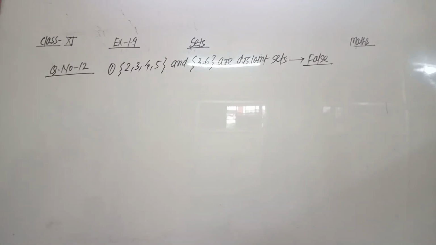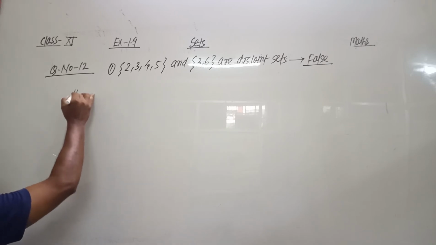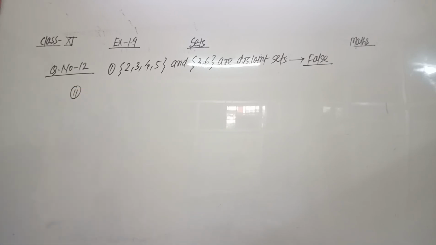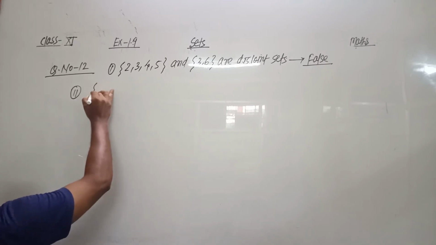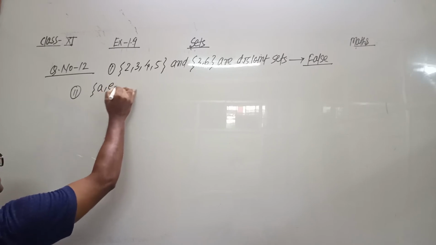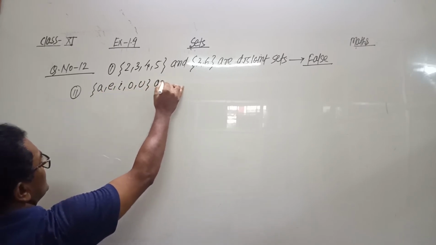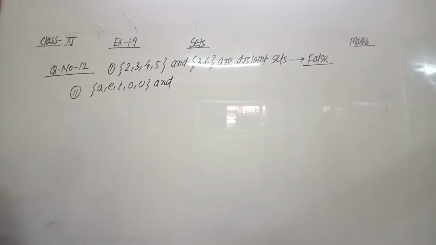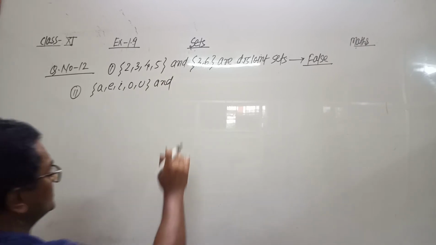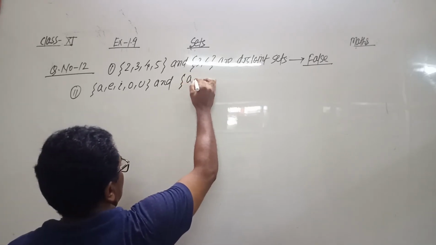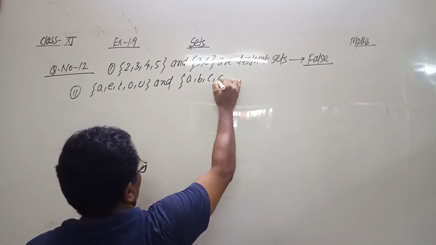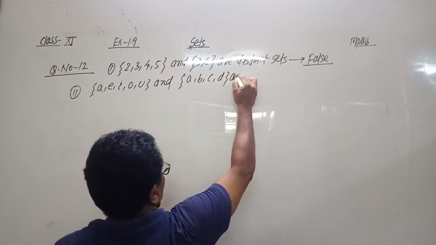The second part is set {a, e, i, o, u} and another set {a, b, c, d} are disjoint sets.